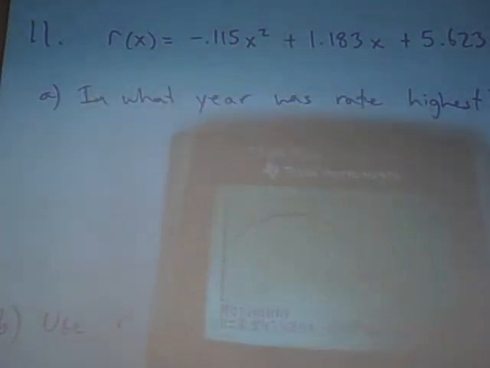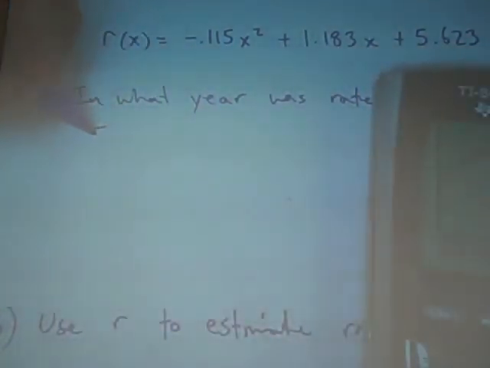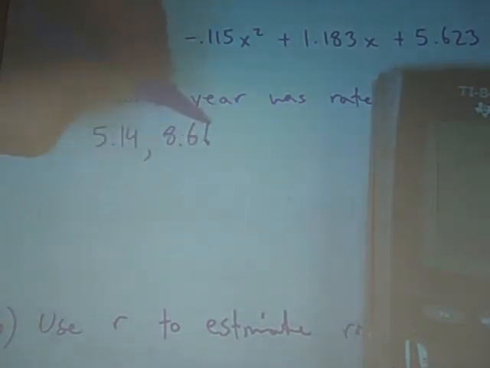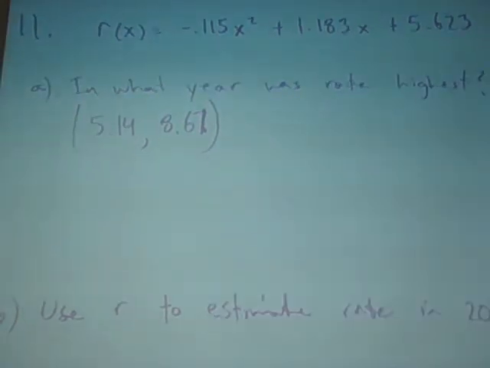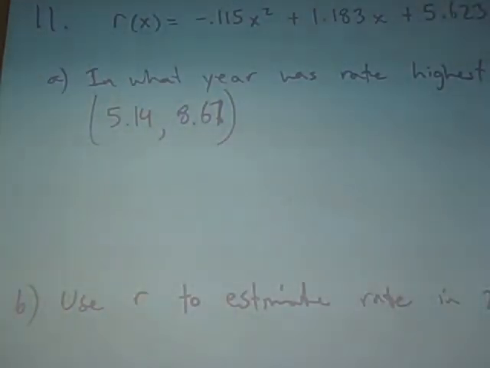So the maximum is 5.14, 8.67, yes. So that's our maximum. That means it's year 5.14, and so basically that means 5 years after 1992. So 93, 94, 95, 96, 97.